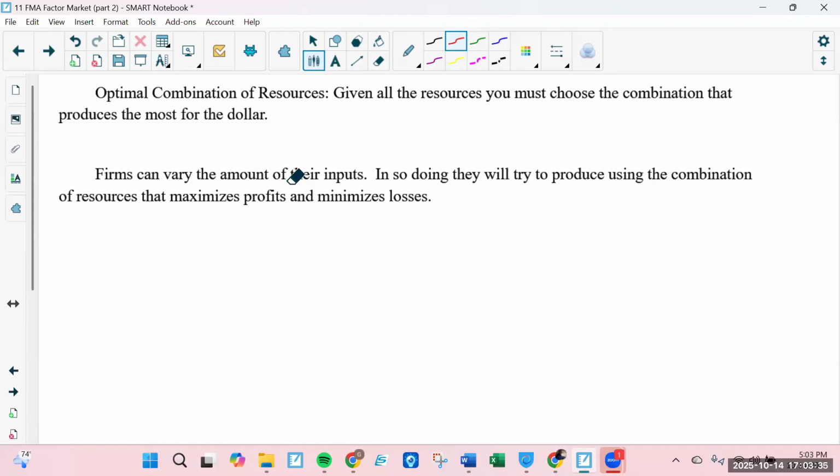You can have more workers and fewer machines, or more machines and fewer workers. One excavator digging a big giant hole with one worker, or you can have 12 workers and no excavators, or two excavators and 7 workers, whatever. There's variation you can do, but what is the optimal combination?